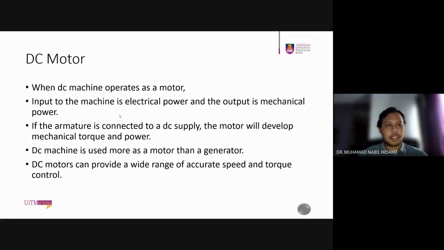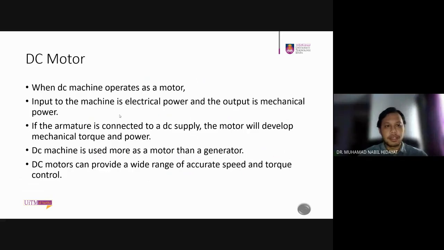A little bit of explanation of the DC motor. When a DC machine operates as a motor, the input to the machine is electric power and the output is mechanical power. If the armature is connected to a DC supply, the motor will develop a mechanical torque and power.